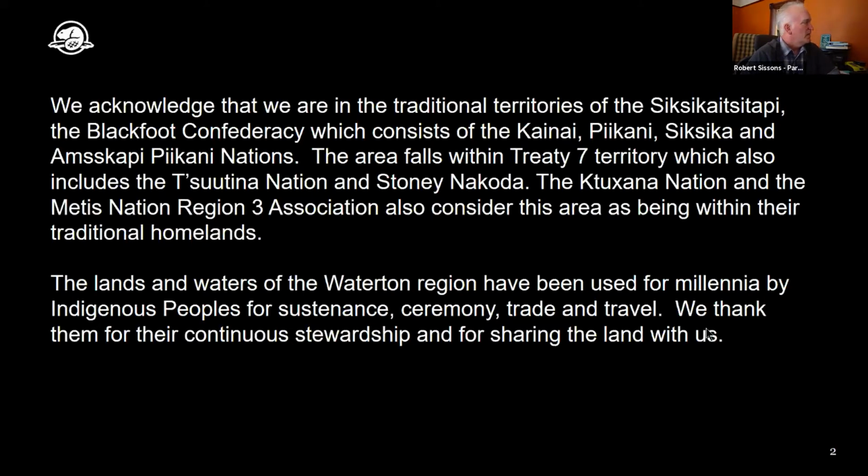The Ktunaxa Nation and the Métis Nation Region 3 Association also consider this area as being within their traditional homelands. The lands and waters of the Waterton region have been used for millennia by Indigenous peoples for sustenance, ceremony, trade, and travel, and we thank them for their continuous stewardship and for sharing the land with us.